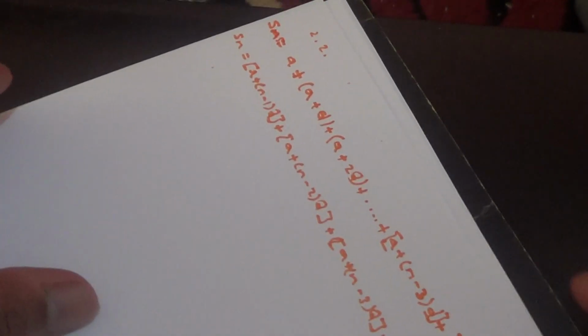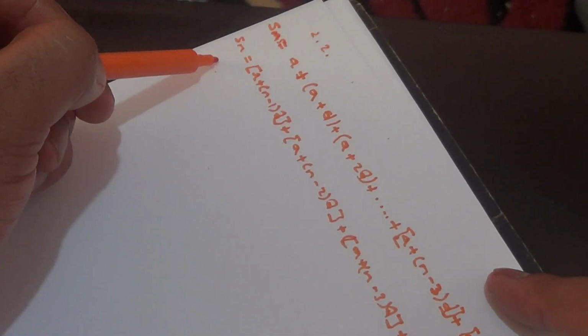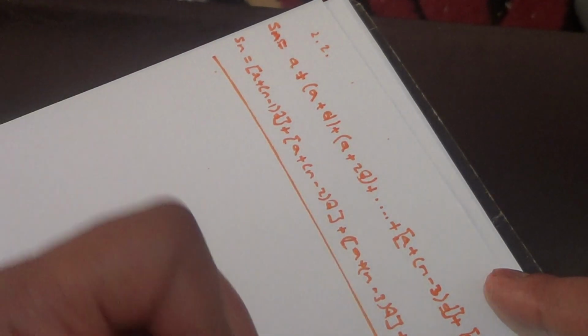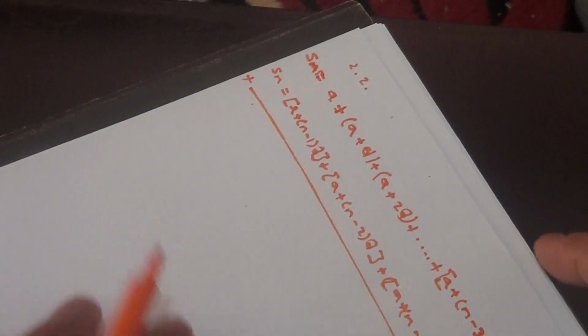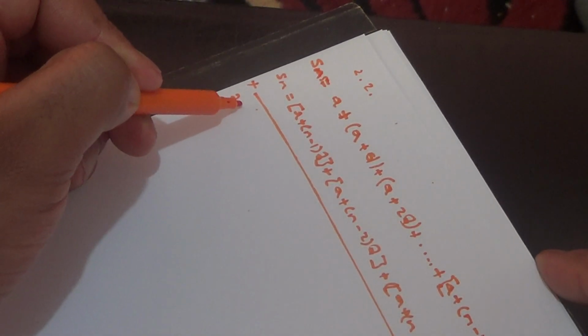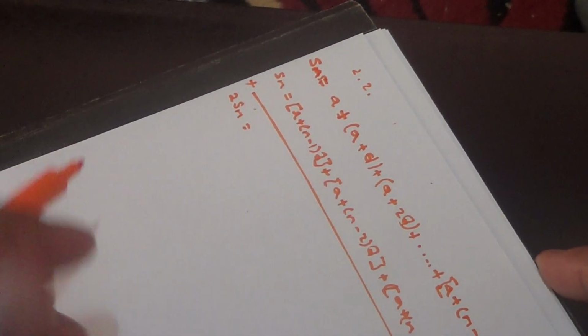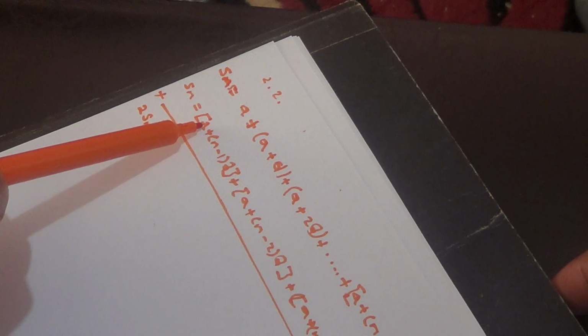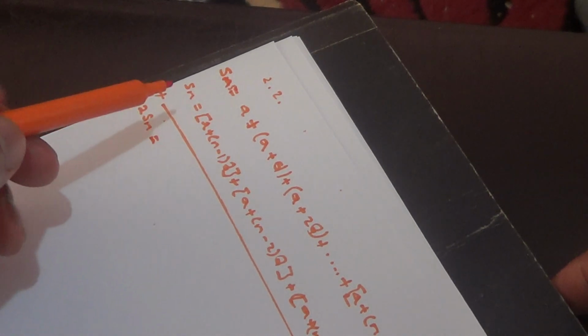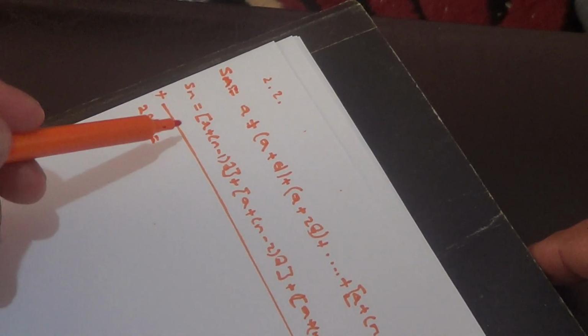Good, so with this setup, we know if we add both sides of the equation, what we get here is 2Sn equals. Now this is the same as if we're just inserting this into that. So what do we get as a result?